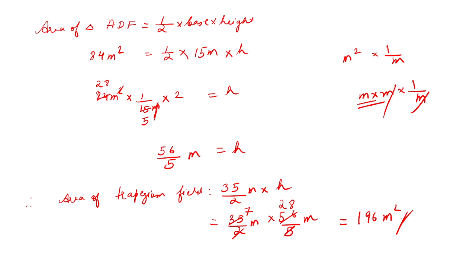That is what the question is asking, the area of the field. So in conclusion, if you want, you can always write this. Therefore, area of the field is equal to 196 meters square.